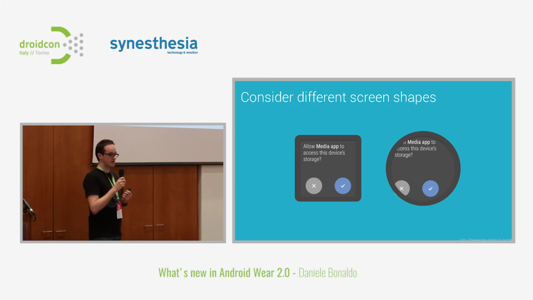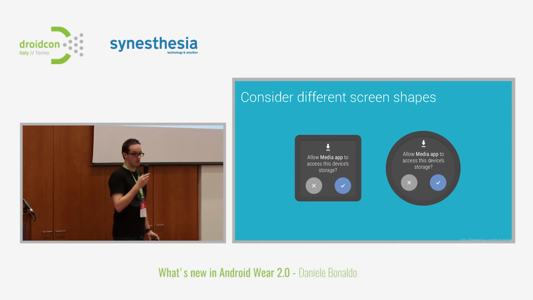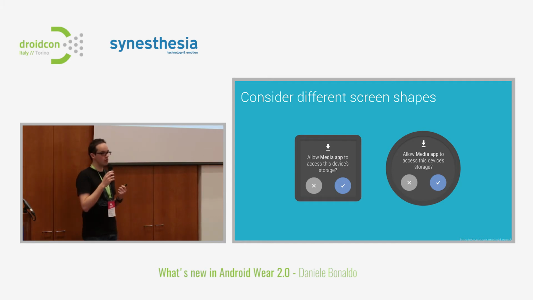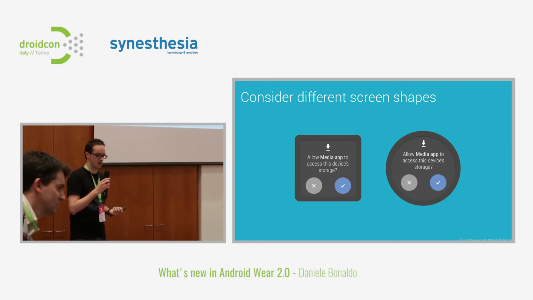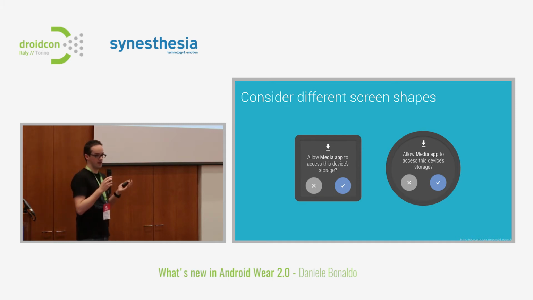One of these is the so-called box inset layout, which is a view group that automatically aligns all the children, applying the right inset in order to keep them always visible on the screen. In this case, you can see that all the elements are visible in any case, both if you are running on a square screen or on a round one.